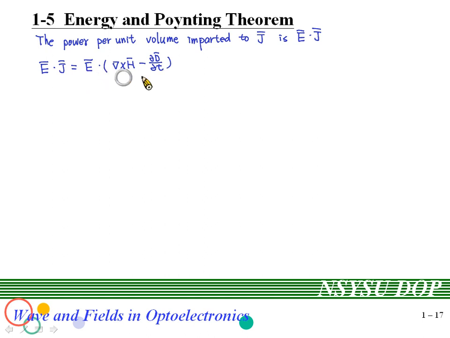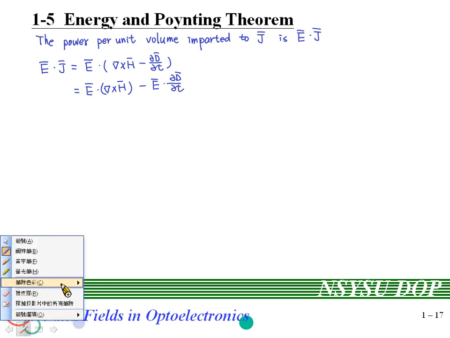And then we expand this equation, we will have E dot curl H minus E dot partial D over partial t.